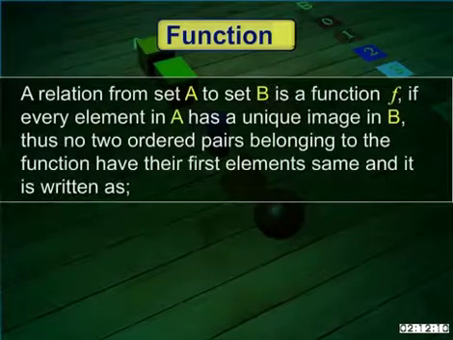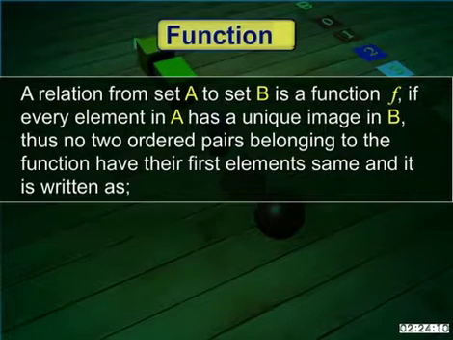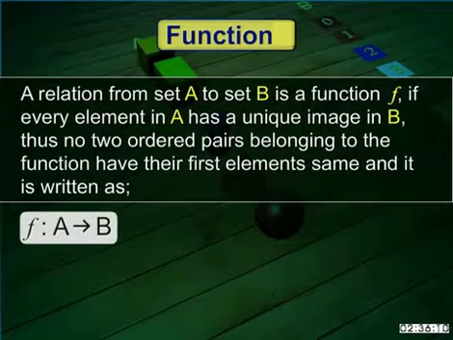Thus, a relation R from set A to set B is a function f if every element in set A has a unique image in set B. Thus, no two ordered pairs belonging to the function have their first element the same, and it is written as f is a function from set A to set B.